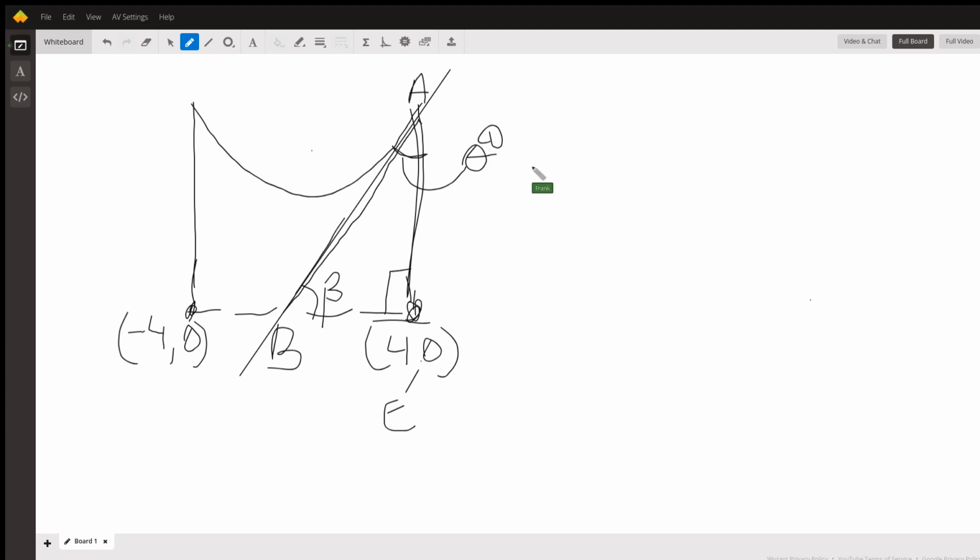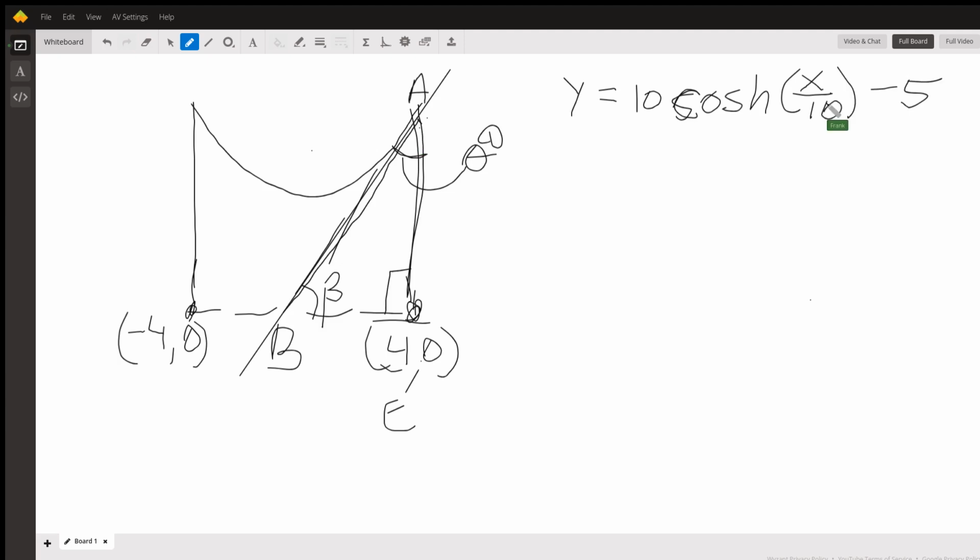So I can find the slope of this tangent line where it touches the pole if I can take the derivative of that function and then plug in x equals 4. Up here is some y value, but it touches a pole with an x value of 4. So here's the original function, y equals 10 hyperbolic cosine of x over 10 minus 5.